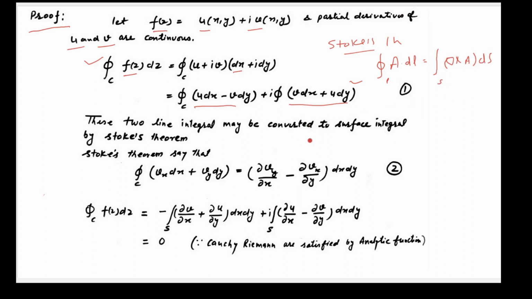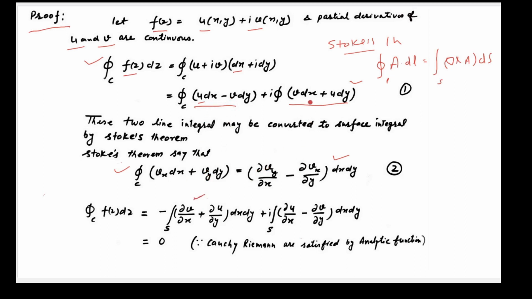So we have written Stokes theorem in this form. Now we will solve these two integrals using Stokes theorem. For the first integral, Vx is equal to u and Vy is equal to minus v. We substitute the values here, and for this particular part we will get this.